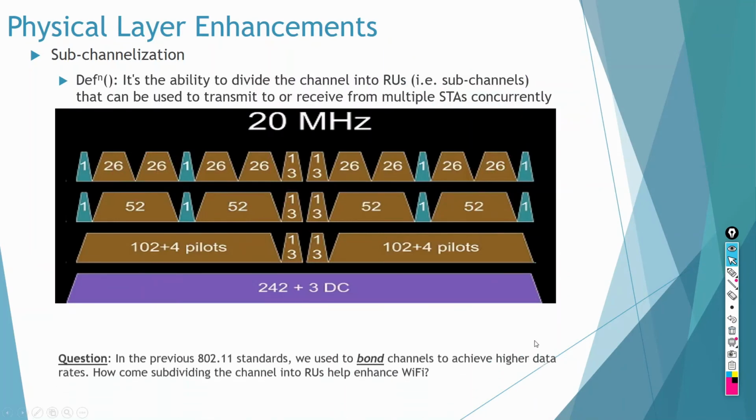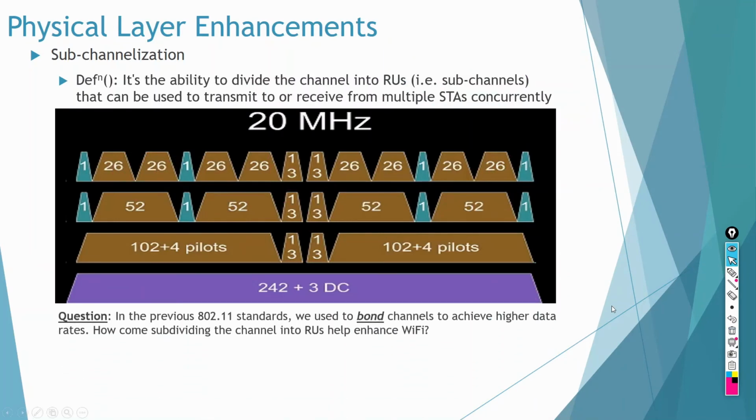And we have a question. Basically, the question says, in previous 802.11 standards such as 11AC or 11N, we used channel bonding in order to achieve higher data rates.